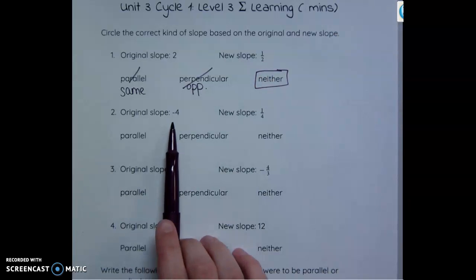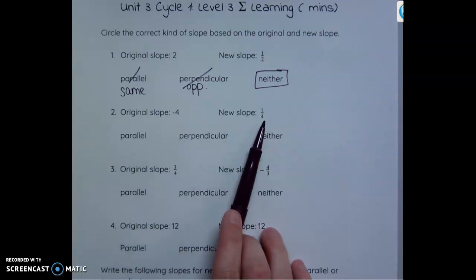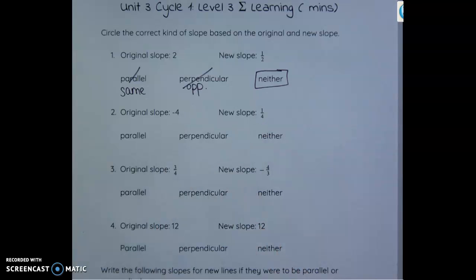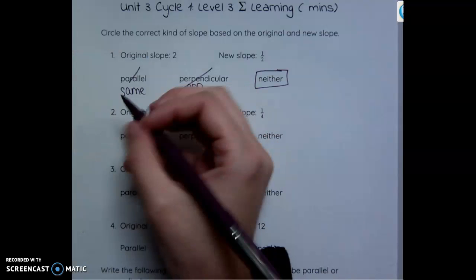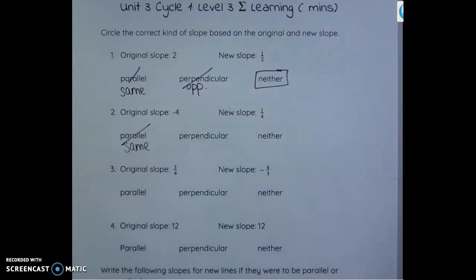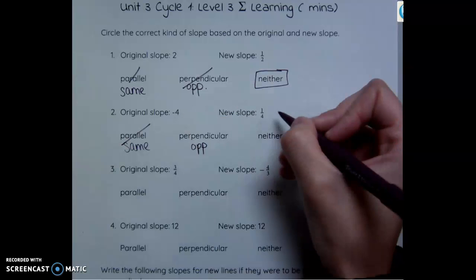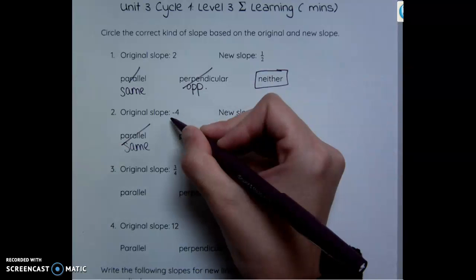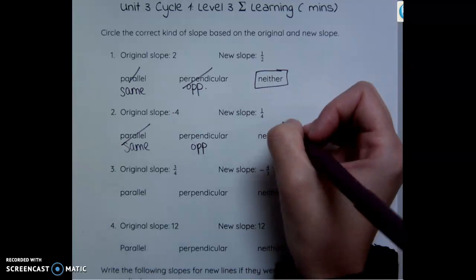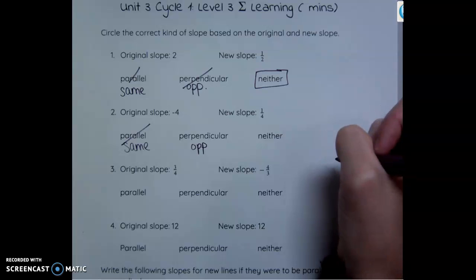Next one. Original slope is negative 4. My new slope is positive 1/4. I'm going to give you a second. Okay, parallel means the same. Are these the same? No. Are they opposite? Well, this one's a whole number, and this one's a fraction. This one's negative and this one's positive. So are they opposite?